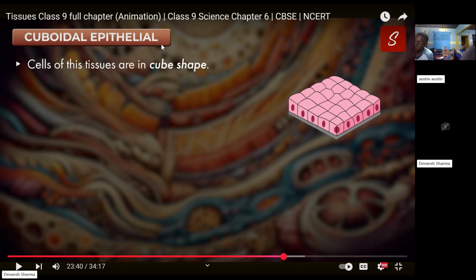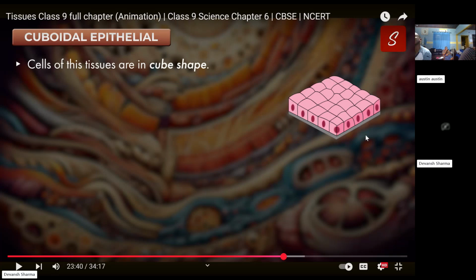In this, the cells are in the shape of a cube, and make this diagram. None of you asked me what is this dark circle in the center of the cell. It was also there in the squamous. Shrideva, what is this?